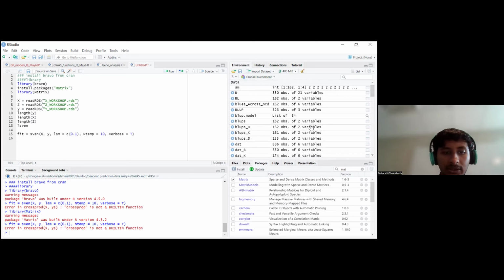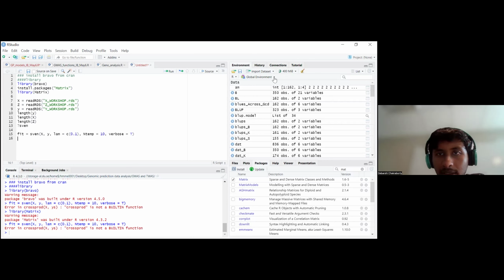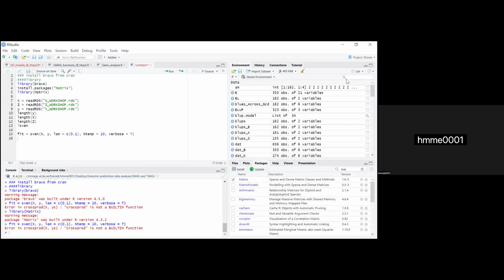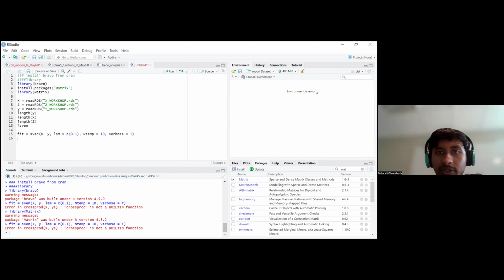So you can just click the broom sign. There's a broom sign, the sign of the broom. Yeah, that one. You can just delete the environment and delete the history too.